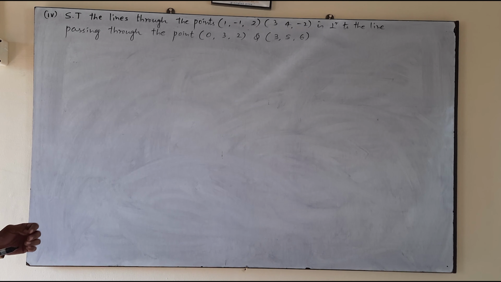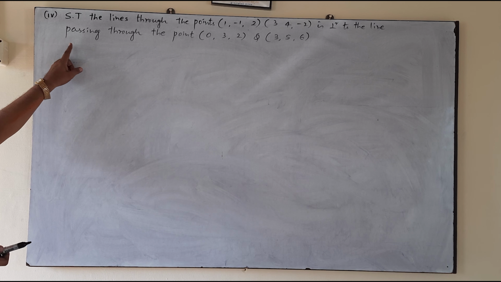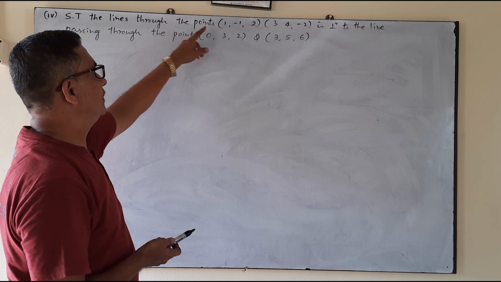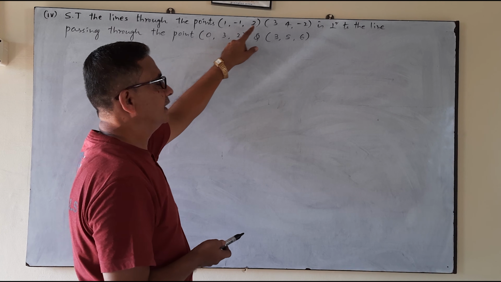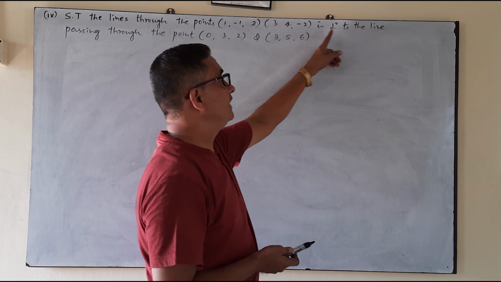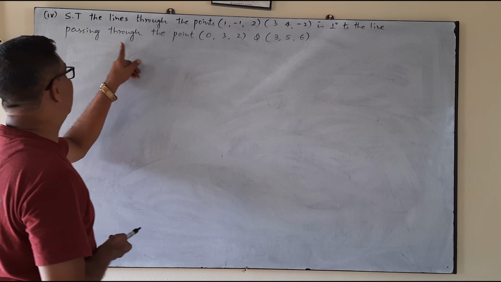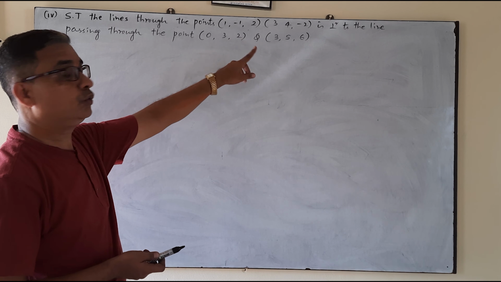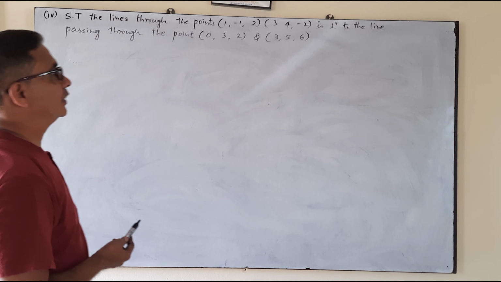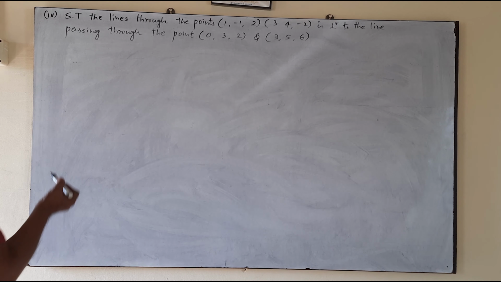Clear? Next problem. Show that the line passing through the points (1, minus 1, 2), (3, 4, minus 2) is perpendicular to the line passing through another 2 points (0, 3, 2), (3, 5, 6). Look, 4 points are given. How to solve?